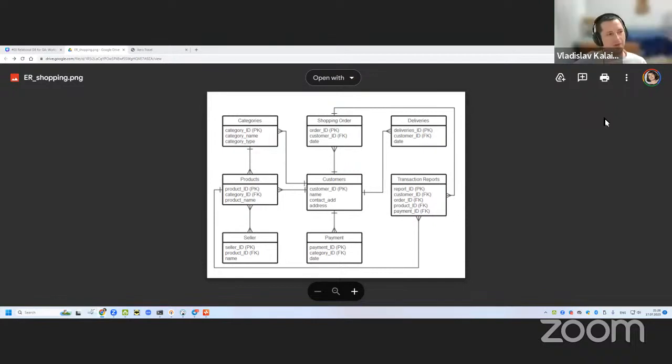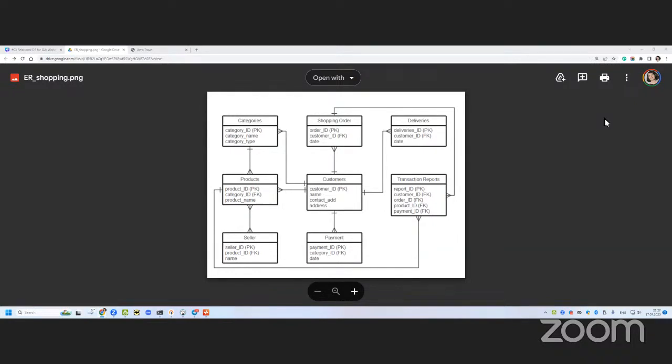Do you think the deliveries table should have order ID? Of course.